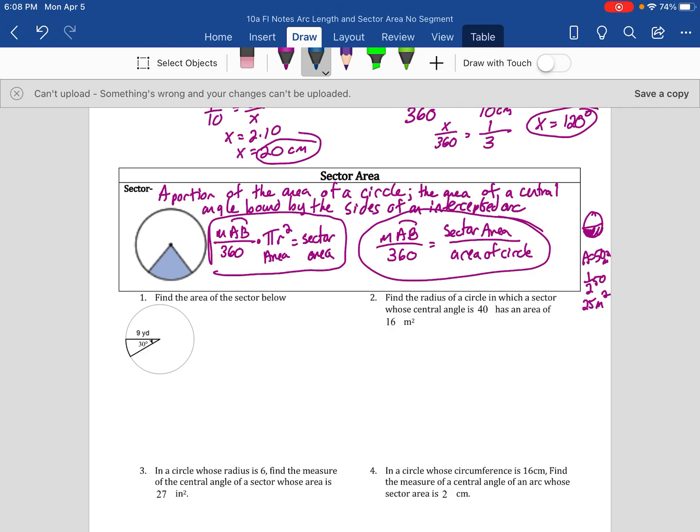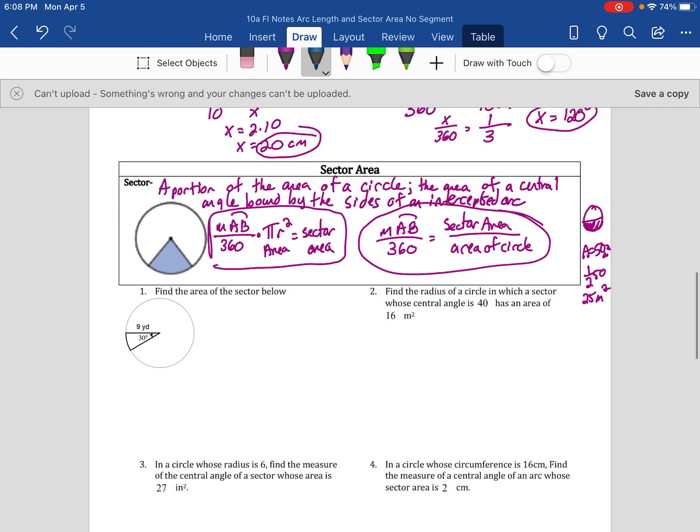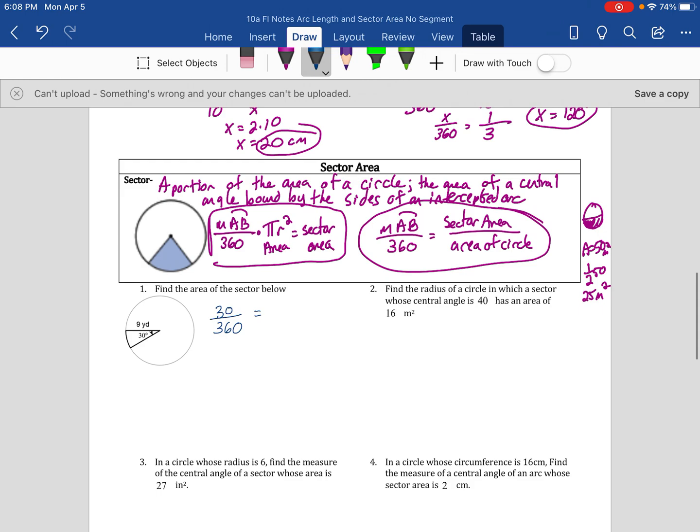So for this, I look at what I'm given. I know the measure of my arc is 30 over 360 is equal to, I'm trying to find my sector area, and I know the area of the circle is pi times 9 squared. These divide out. You can simplify to 1 over 12. Now you don't have to simplify, you can just cross multiply. You'll just be dealing with bigger numbers, but I think that you'll be fine because you all have calculators.